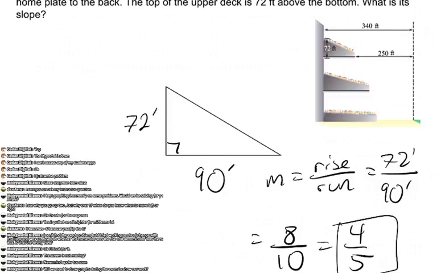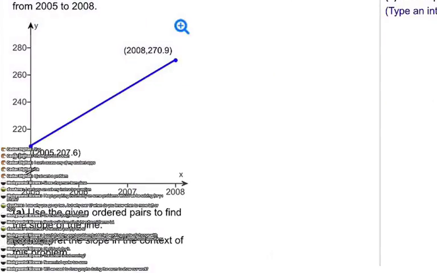All right. So next question. The graph shows the number of cell phone subscribers in millions in the state. Okay. All right. So let's just pull this up. I think this is a good one to go through.